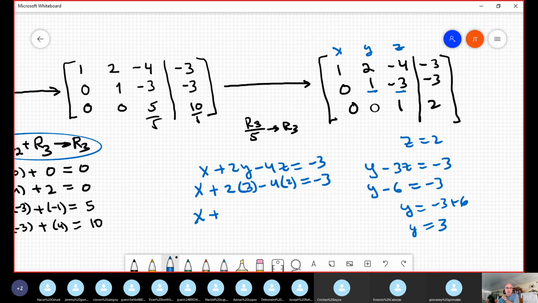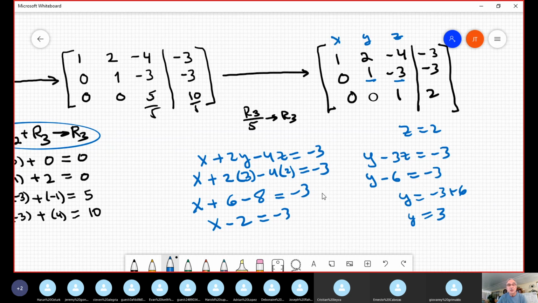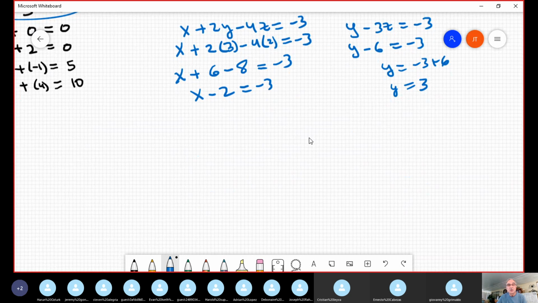Entonces x plus 6 minus 8 equal minus 3. 6 minus 8 is minus 2. Equal minus 3. And x is equal negative 1, no? Because it's minus 3 plus 2. X is equal minus 1. And the solution in this problem is the ordered triple negative 1, 3, que es y, 2, que es z.